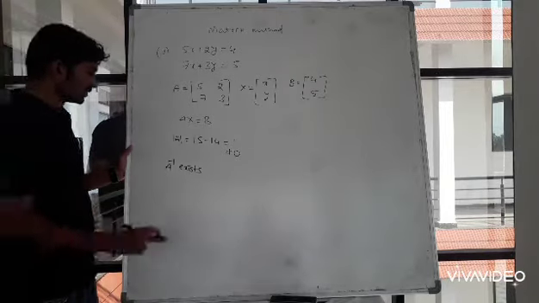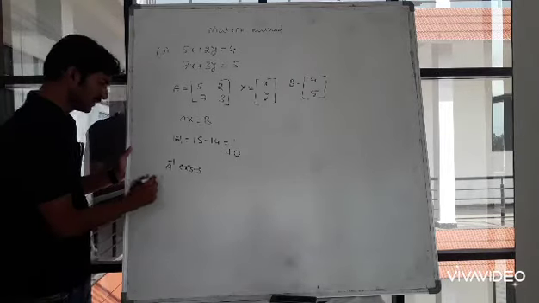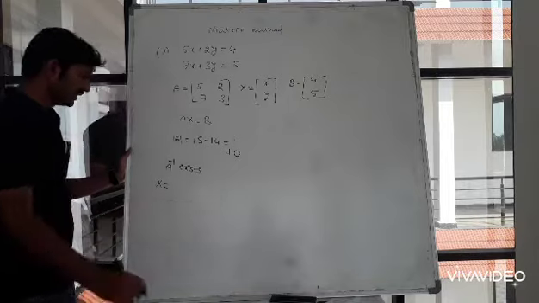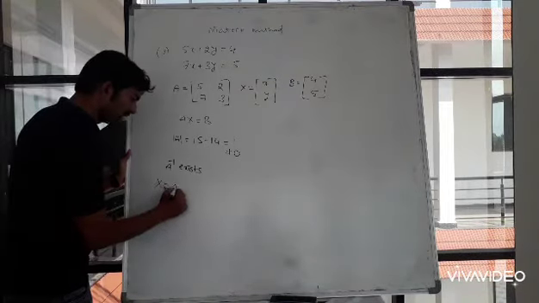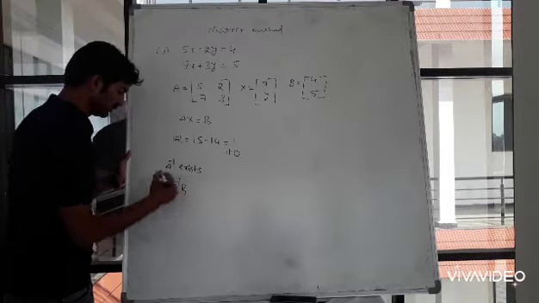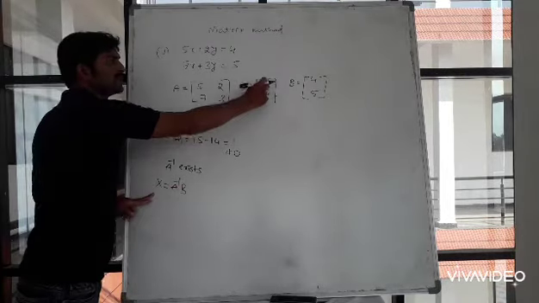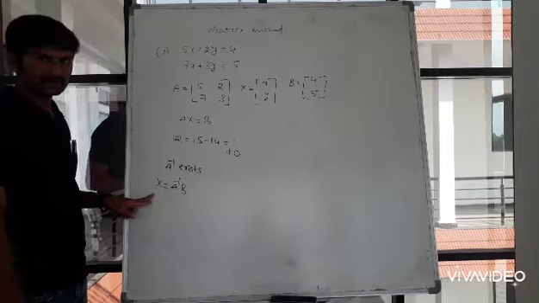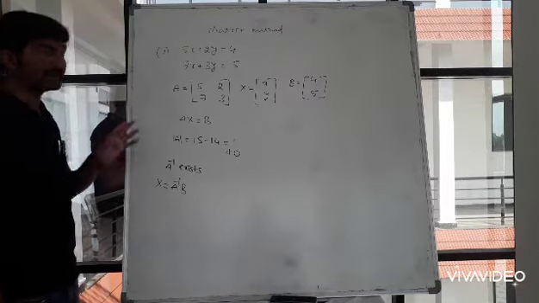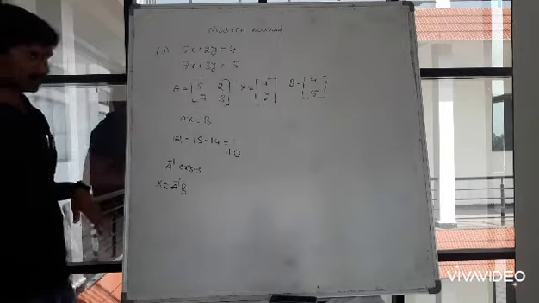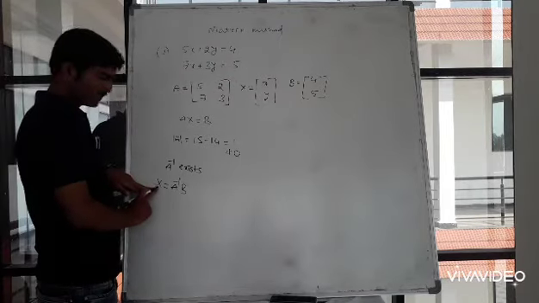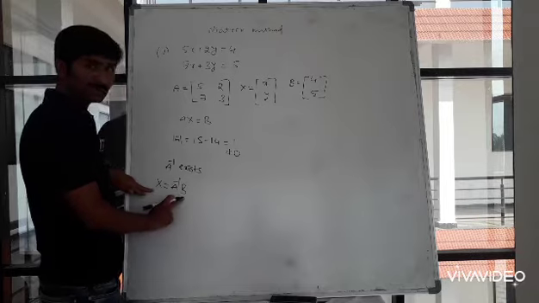For finding x, there is a formula: x is equal to A inverse into B. X and y are the variables; we need to find the x and y values. Solving the system of equations means finding the values of the variables.